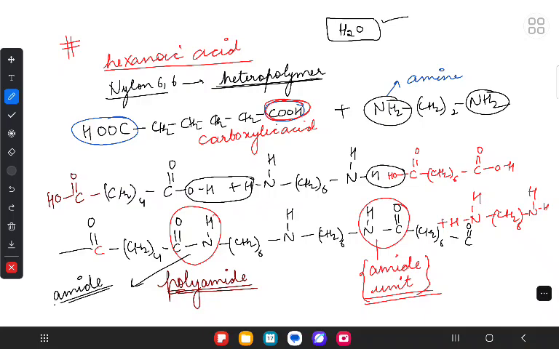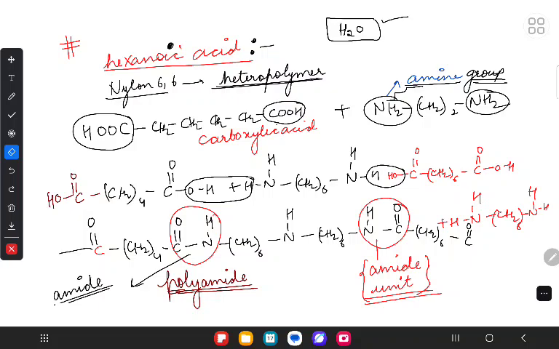Got the point. So we have the hexanoic acid. That's my hexanoic acid. Got the point? So we have this carboxylic acid. Got it?